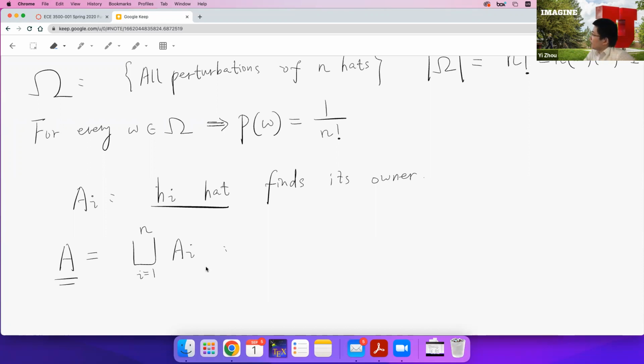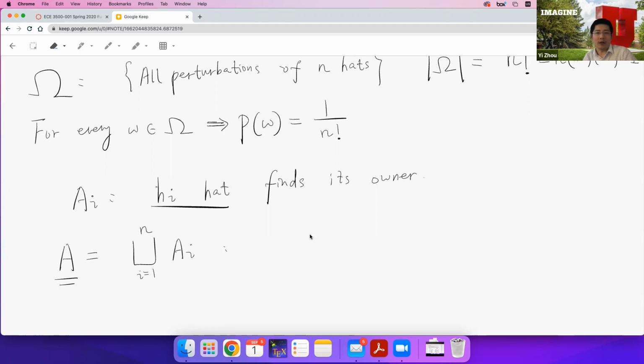And here, if you look at these A_i, the fundamental question is, are they disjoint? Are they mutually exclusive? Each A_i considers the i-th hat finding its owner. It may happen that two different hats find their owners, right? So they are not exclusive. They may overlap, and may happen at the same time.